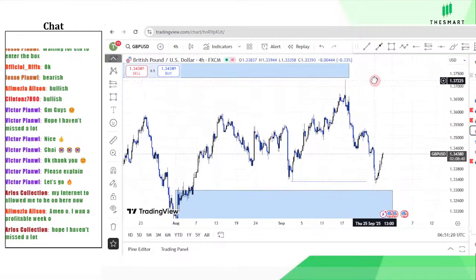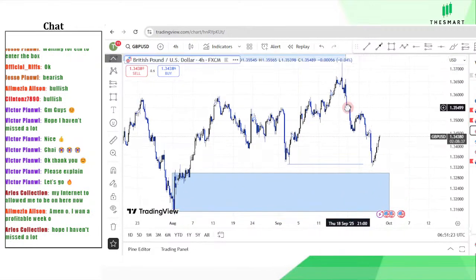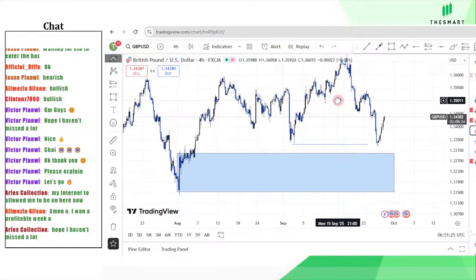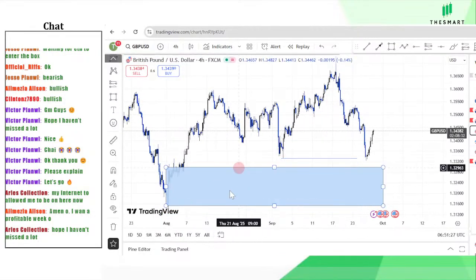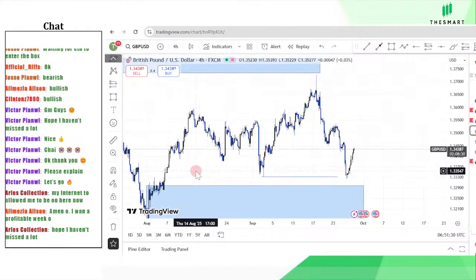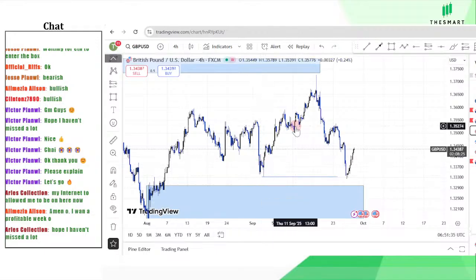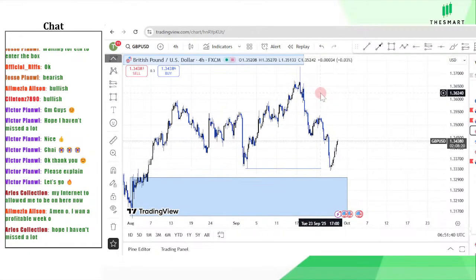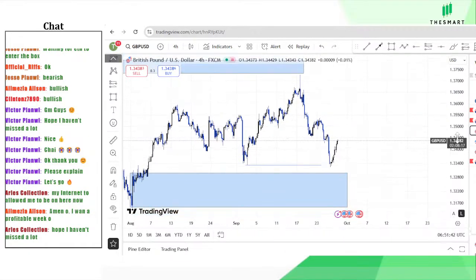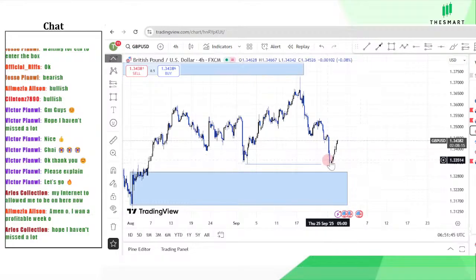Looking at the left hand side, price has already tapped into one zone we were expecting, which led to this entire movement to the upside. But I'm not seeing this as a good buy, although I called this during the last live session, that we want to see GU come into this zone before expanding to the upside.